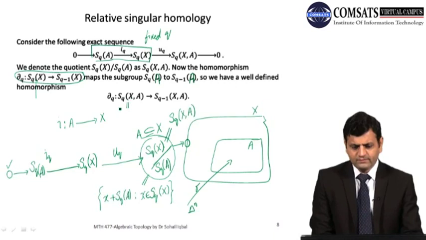This is q chains of X quotient with q chains of A. Similarly, what is this thing? This is q minus 1 chains of X quotient with q minus 1 chains of A. So let's partition this thing.